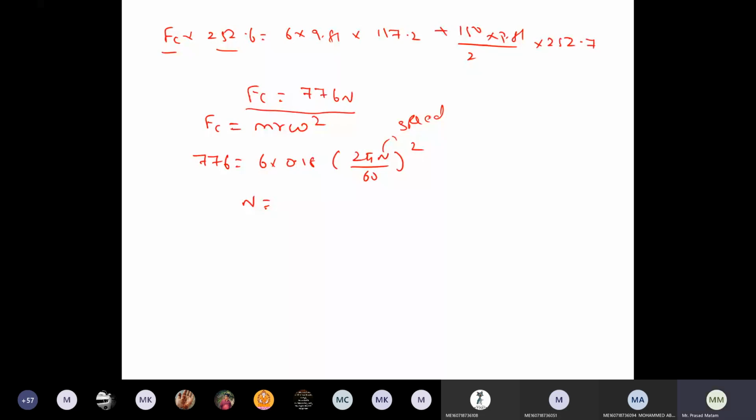Roll number 83 has given an answer for the 776 question. Let me check who has given this answer. On solving this, the answer comes around 253 rpm.